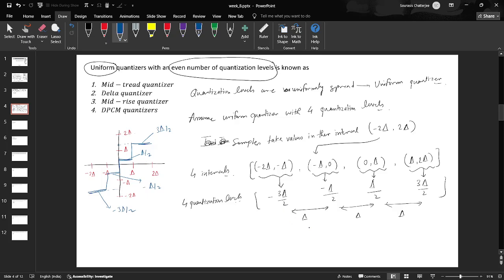Just to give you an example, this g we know is a quantization function, and g of m takes the value delta over 2 when your sample takes a value in this interval, right?